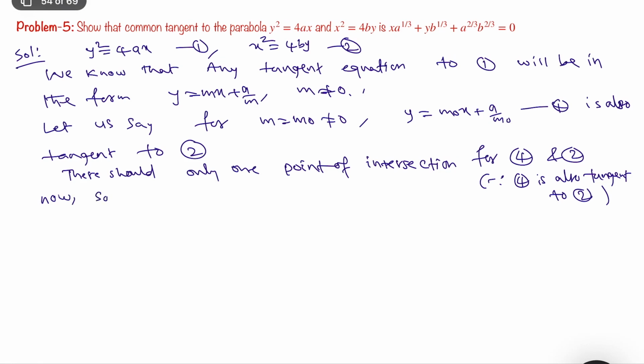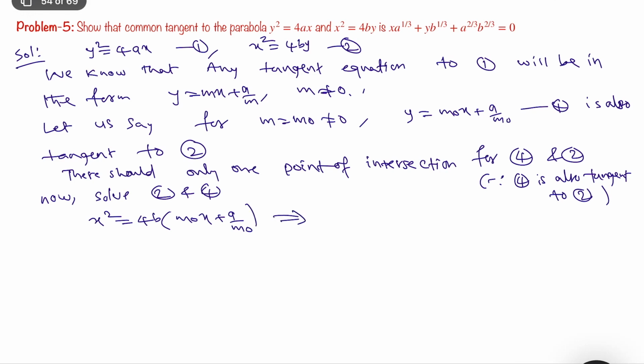Now solve 2 and 4. Simply take y equal to m naught x plus a by m naught and plug into 2. So what you get? x square equal to 4b times m naught x plus a by m naught.